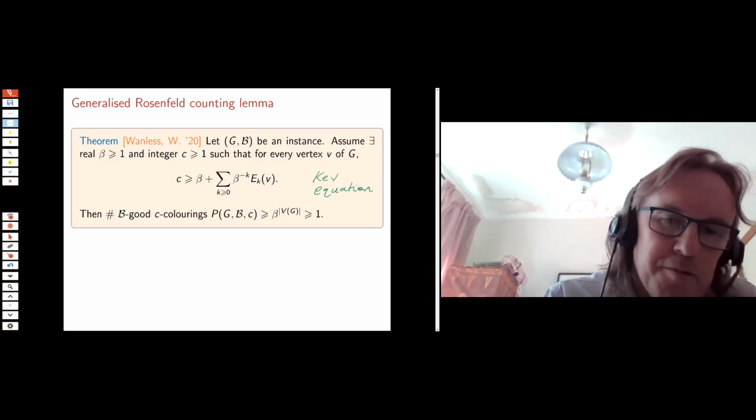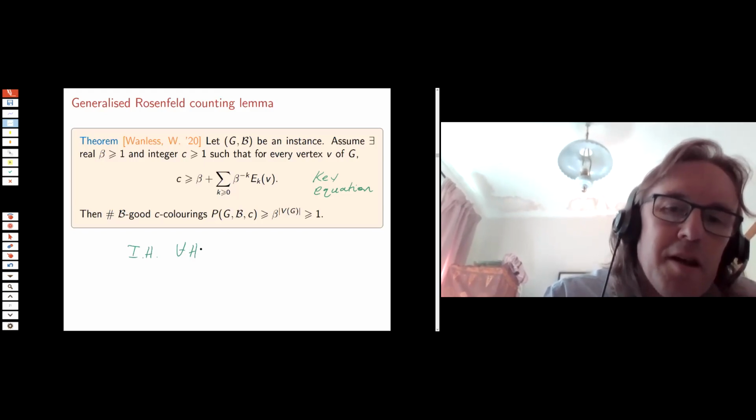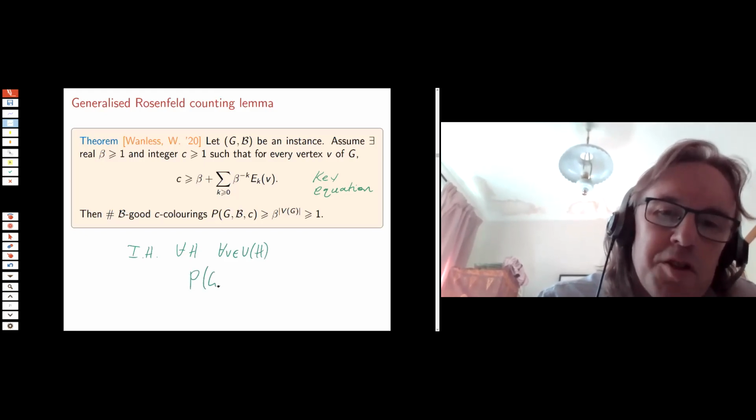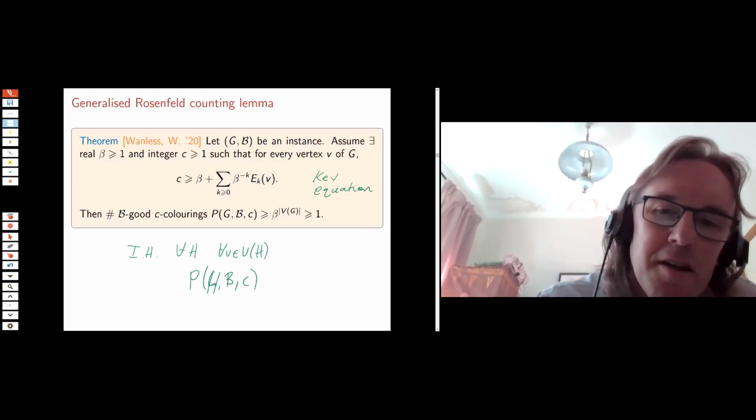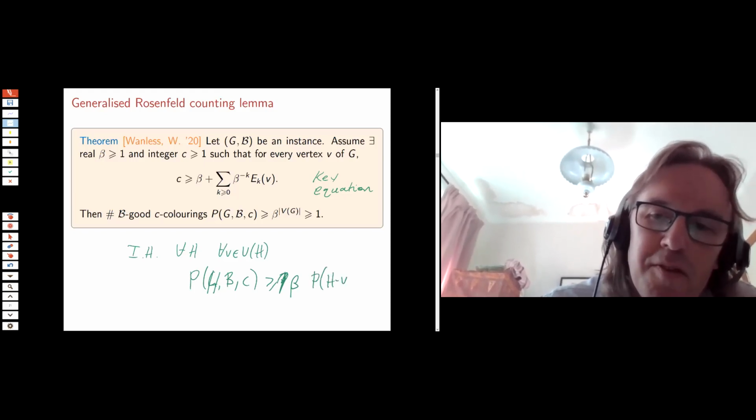But the proof is really exactly the same. You set up exactly the same induction hypothesis that says for every induced subhypergraph, and so every V in V(H), you say P(G, B, C), oh, so that's an H, is at least beta P(H minus V, B, C).